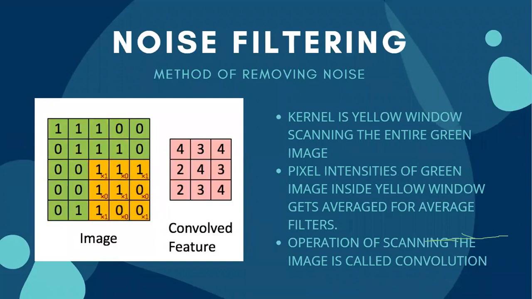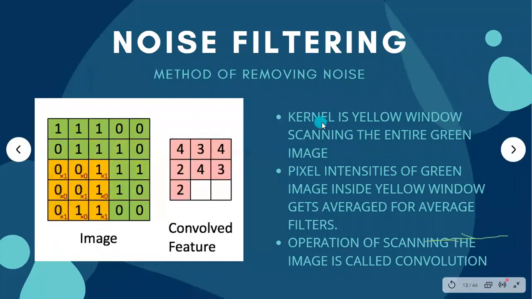In any of these filtering methodologies, the first thing you have to do is initiate a kernel or a window, right? In the image on the left, a kernel is actually our yellow window. And this yellow window is going to scan the entire green image, right? So right now, the dimension of this yellow kernel is 3 by 3.